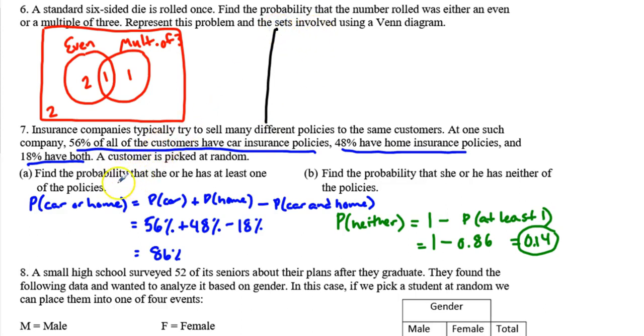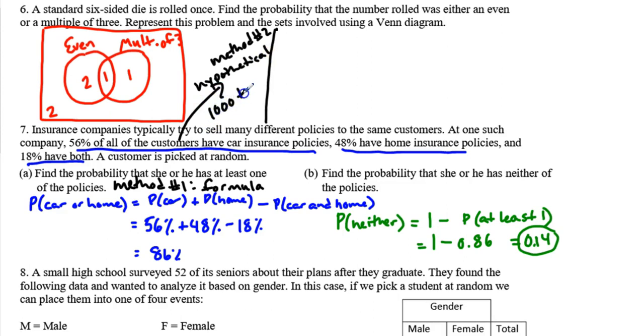So this is like method 1, the formula, and up here would be method number 2. We call this a hypothetical 1000 table.